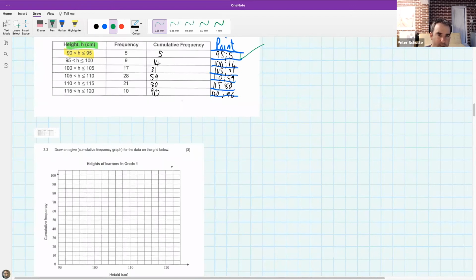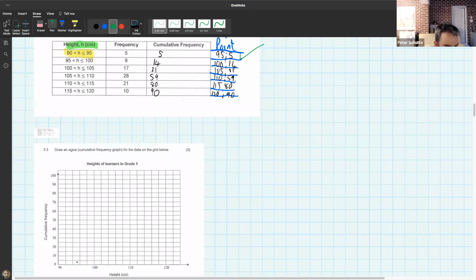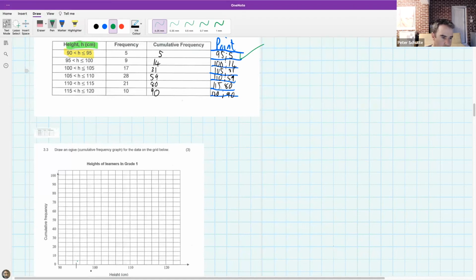So I'm going to do 95, 5. Okay, so that was my first point. 114 would probably be up to 105.